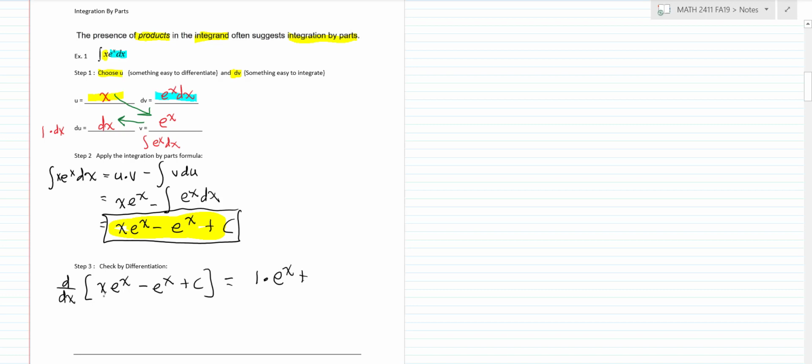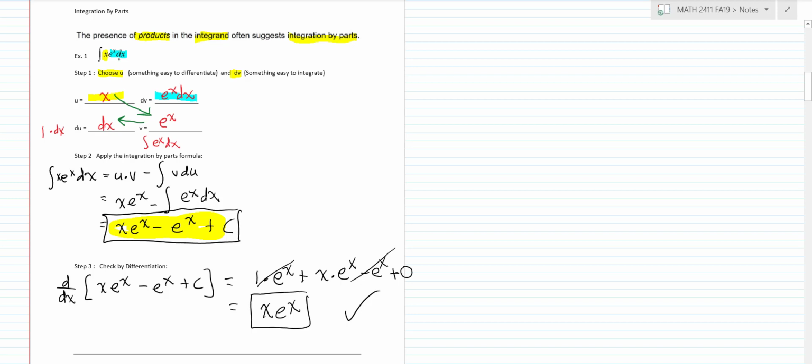Okay, plus, and then you can write down the first times the derivative of the second, which is e to the x. So we got that. That's product rule. Then the derivative of e to the x is minus e to the x, and then plus 0, of course. All right, and it looks like what happens is that's going to cross out, so you're going to be left with x e to the x. All right, and see, that matches up with what we started with.